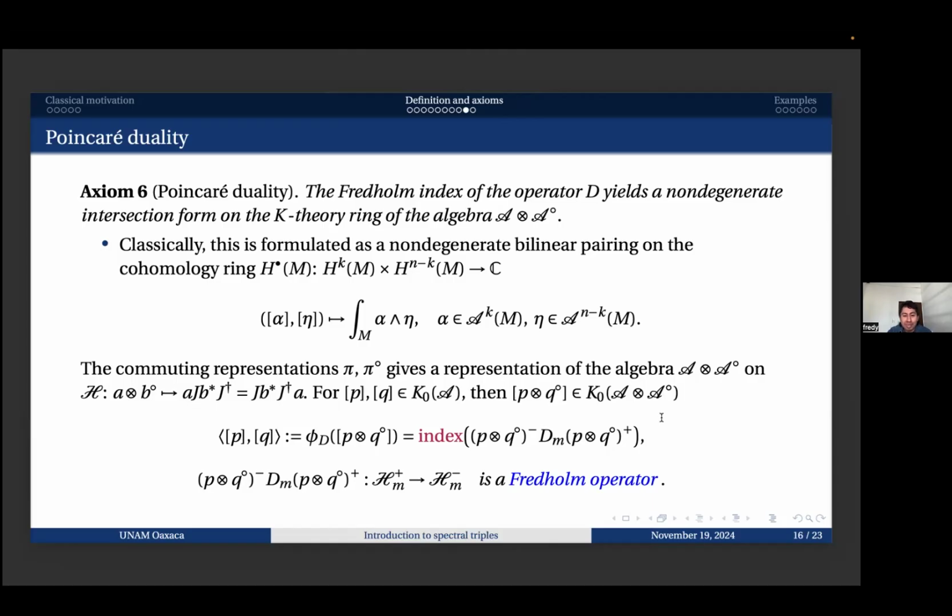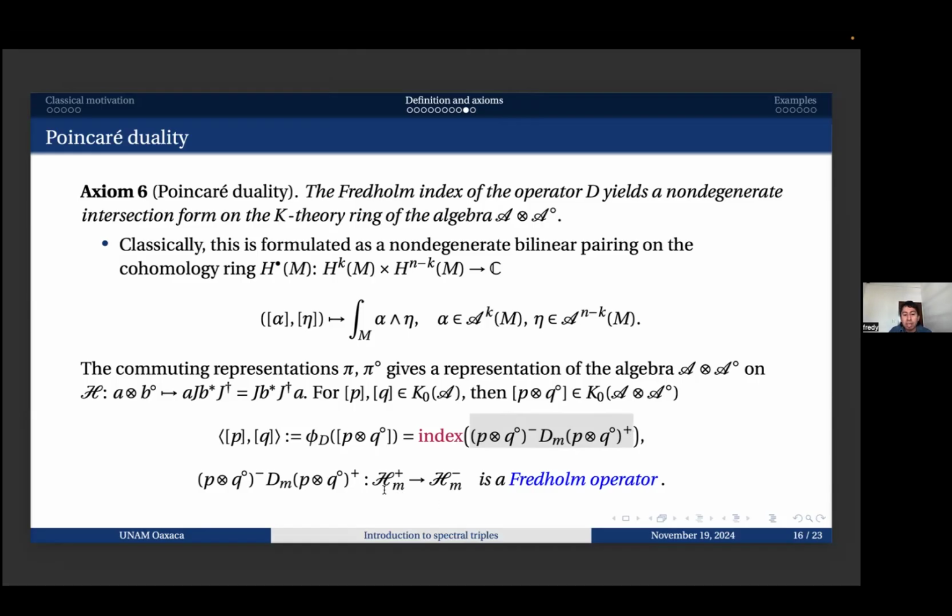I think this is the last slide. In this case, at least in this last part, there is also a long story. The most important thing for me is that this operator is Fredholm.